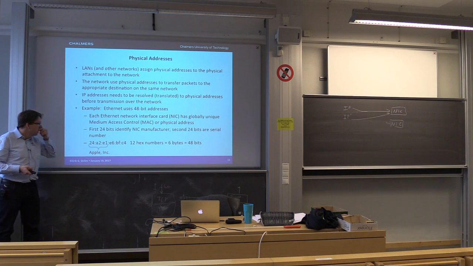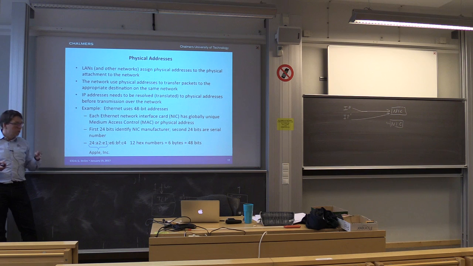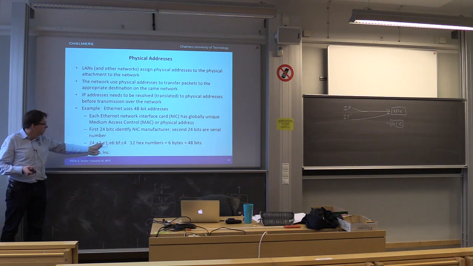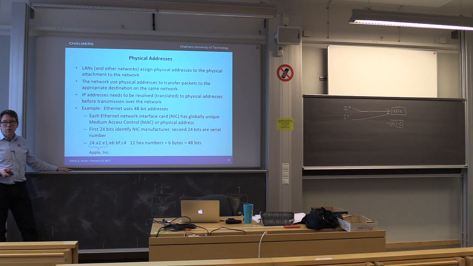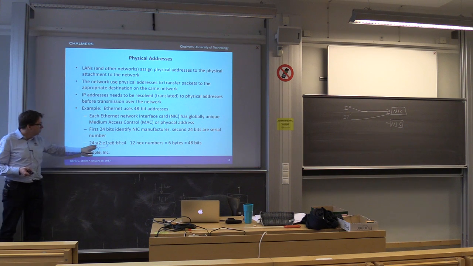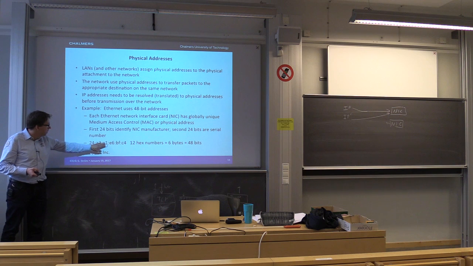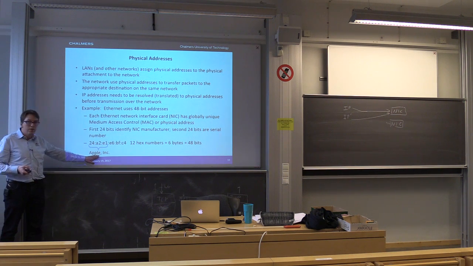F is 15. Each hex digit has 4 bits. So here we have 8 bits, 8 bits, 8 bits, 8 bits, 8 bits, 8 bits: 6 bytes, 48 bits. And the first 8 times 3, 24 bits, identify this as an Apple network interface card.